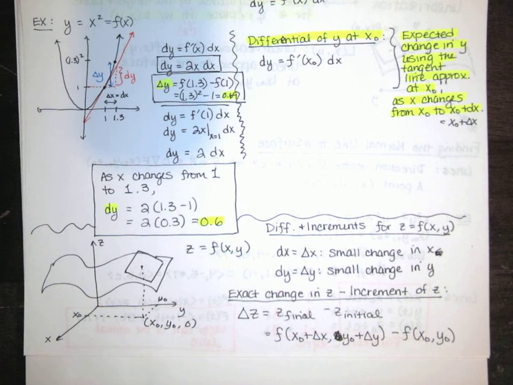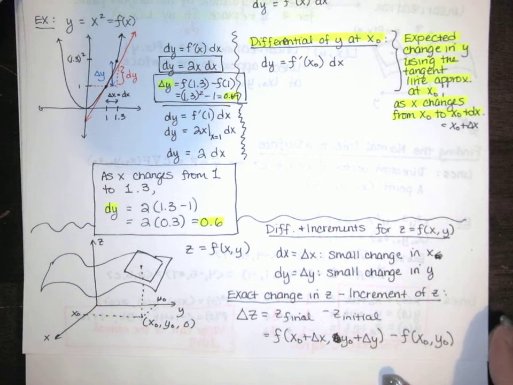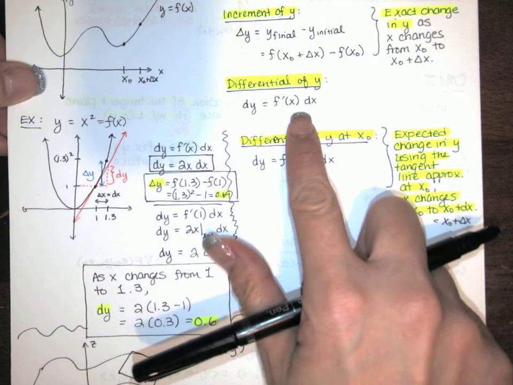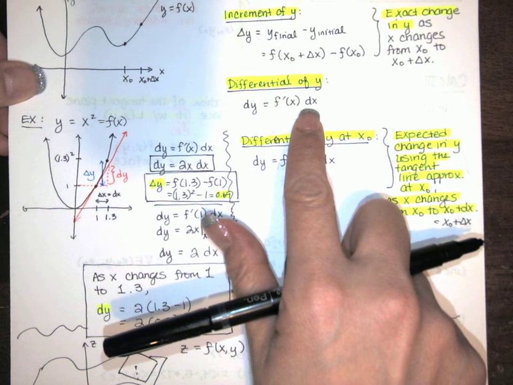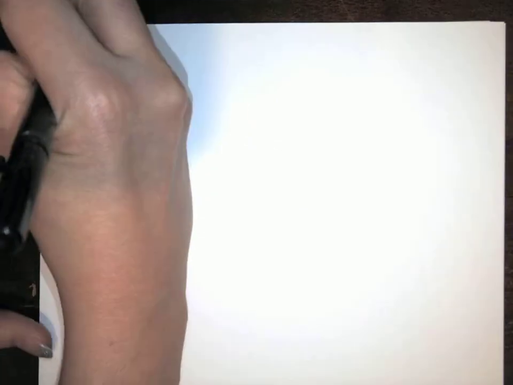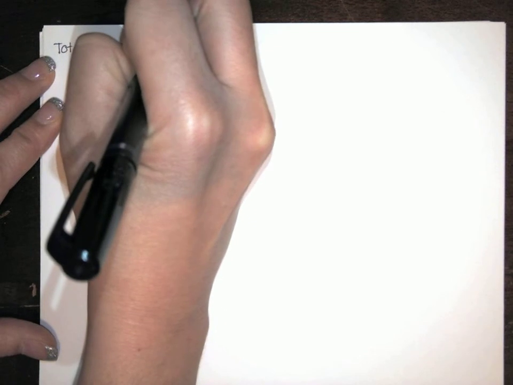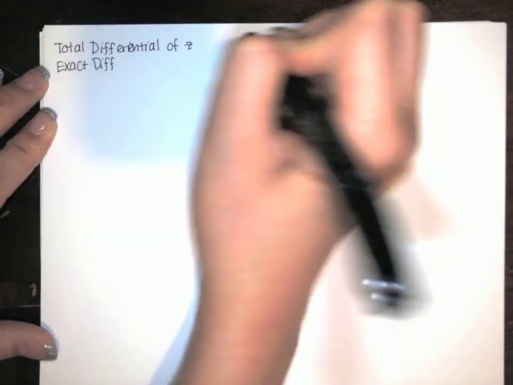Now the differential of z is defined to be this. Remember what the differential of y was? It was the derivative times dx. The differential of z, or this is sometimes called the total differential of z, or sometimes you'll hear it called the exact differential of z.